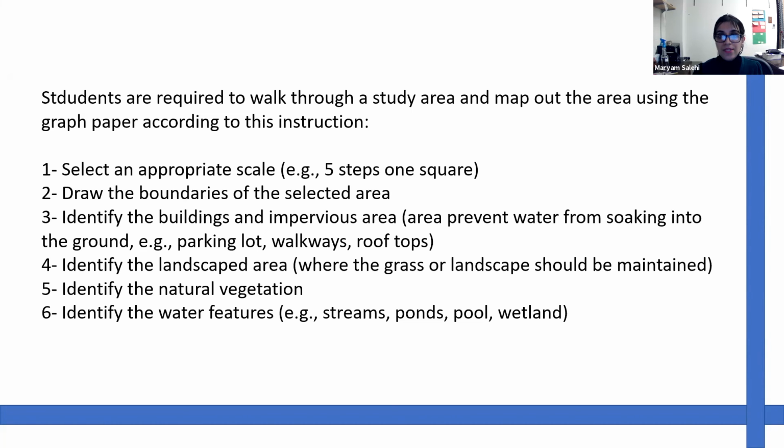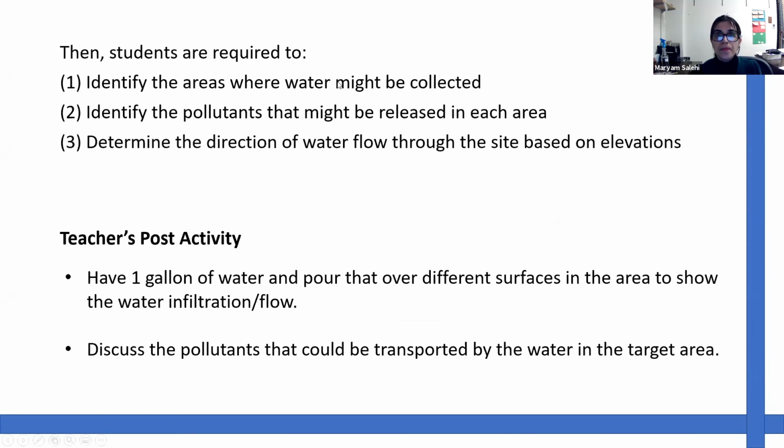And after this, they can identify the areas where water might be collected, and discuss different types of pollutants present in that area, which eventually could end up in the stormwater.